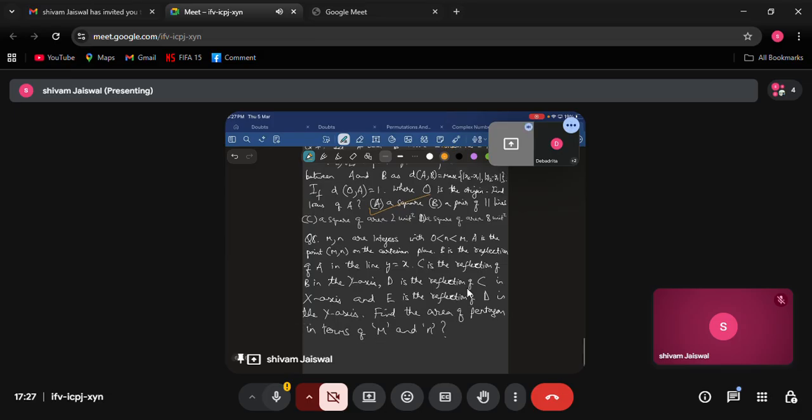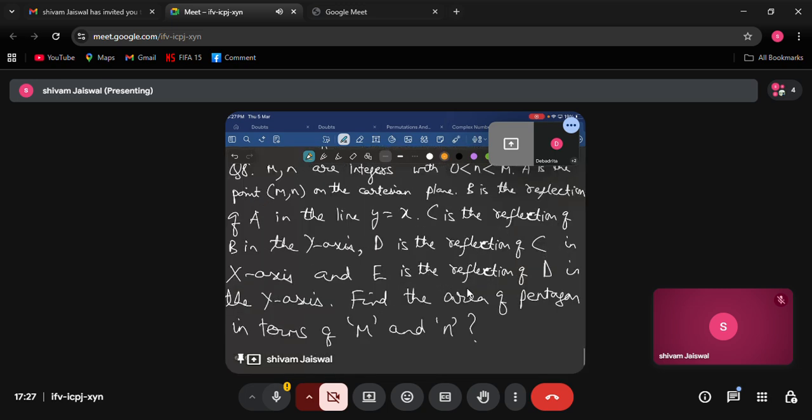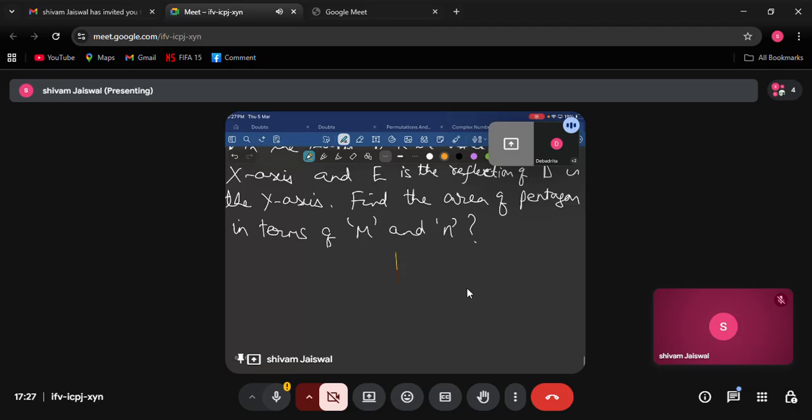Okay. How will the diagram look like? I'll tell you. Mod of x2 minus x1, comma mod of y2 minus y1. So basically, distance from the origin is always 1 unit.